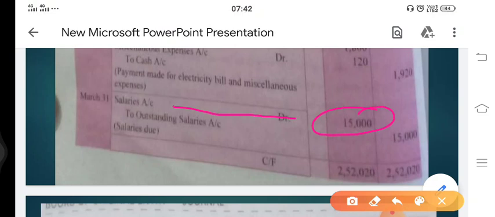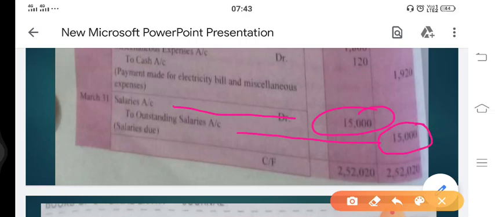So it's an outstanding, which is technically a personal account, so the rule of personal account applies here, which says credit the giver, or any person whom we are liable to pay, that is our creditor. So here outstanding salaries got credited because of the personal account rule.